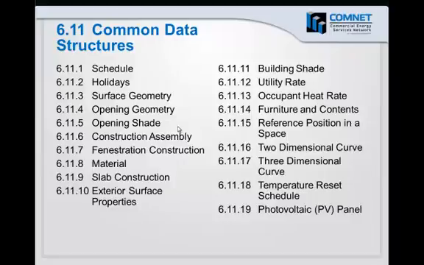Examples are schedules of holidays, defining the geometry of a surface or an opening or a shade, construction assemblies, materials, and things like utility rates. All of these are defined as common data structures, and they are defined in section 6.11 of the MGP.